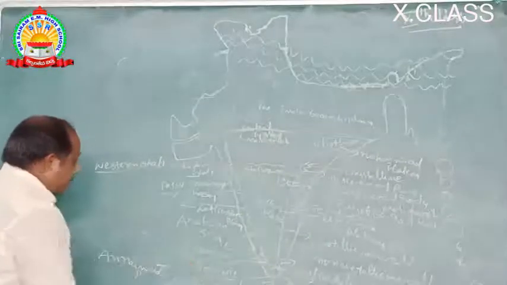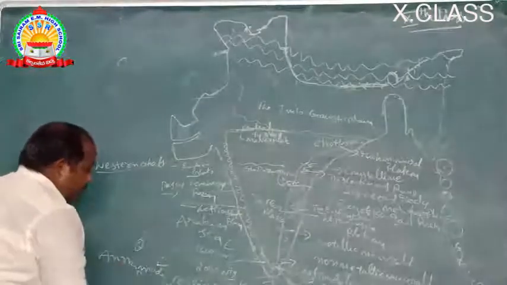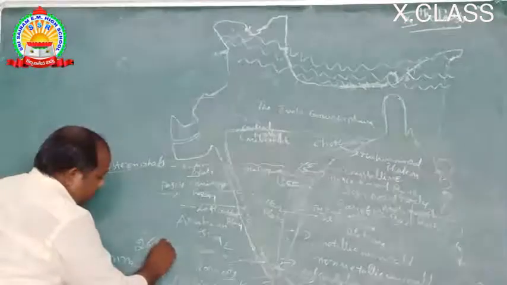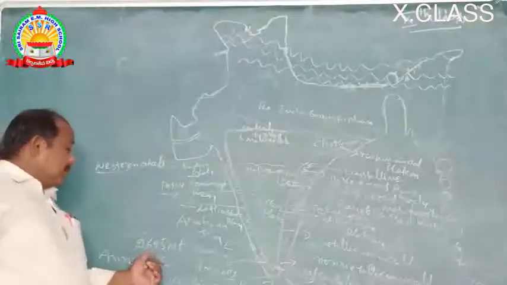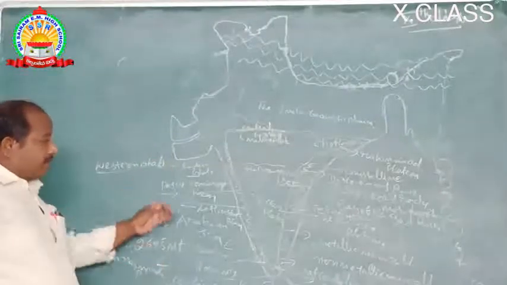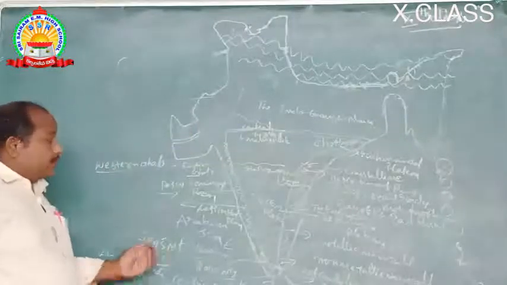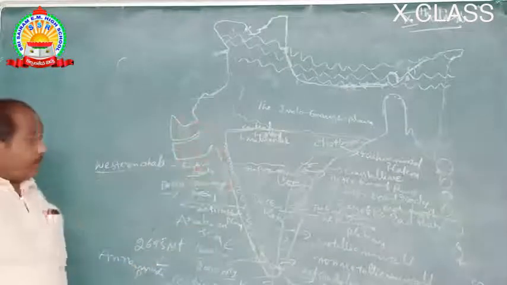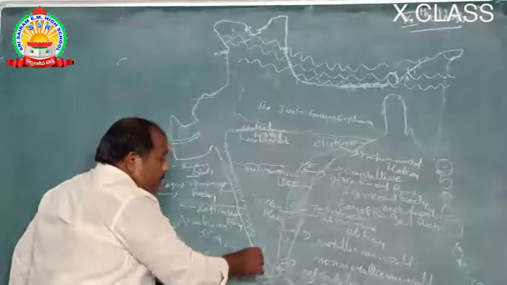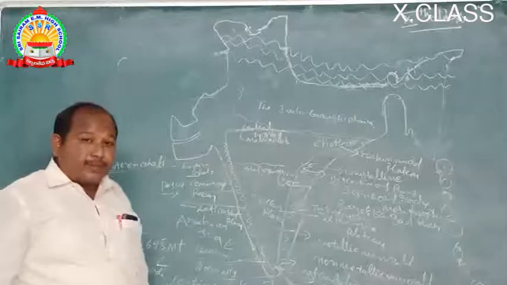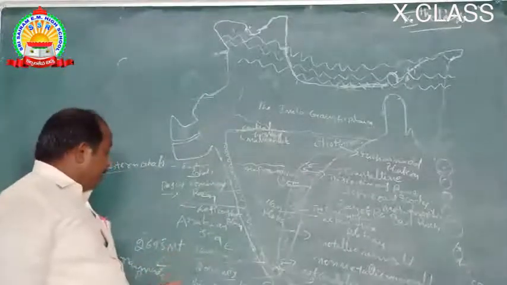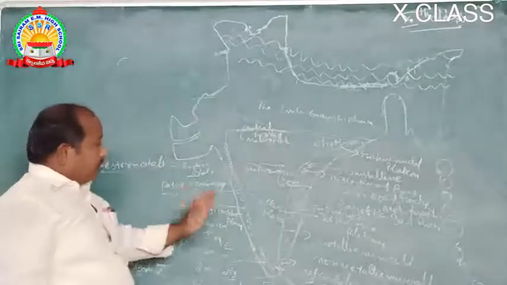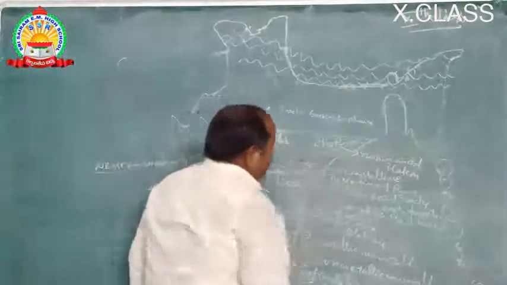Its height is 2695 meters. It is also known as South India's highest peak, the highest peak in the whole Peninsular Plateau. It is called Anaimudi Peak, 2695 meters.